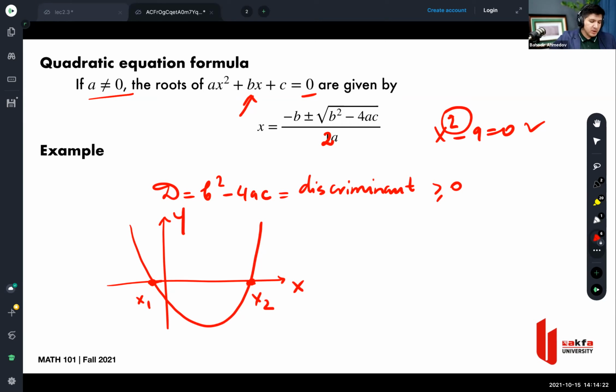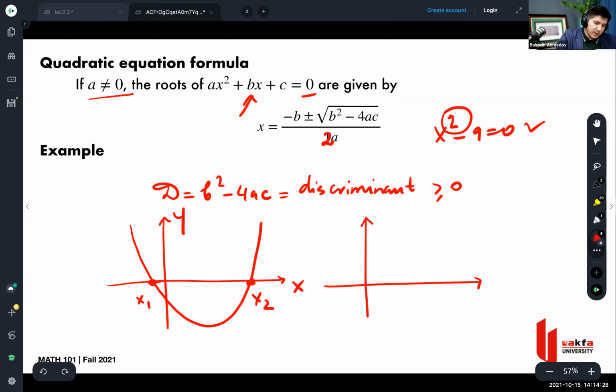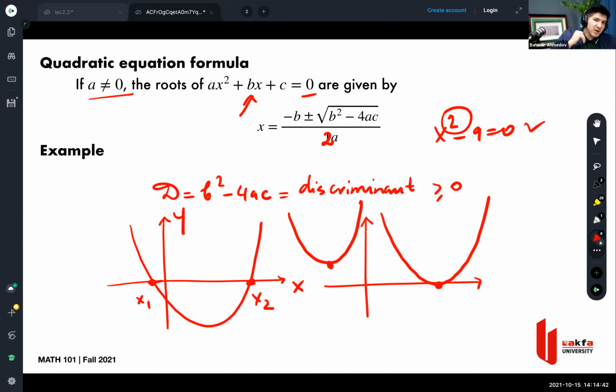Okay, so it is not the only way the parabola may look, right? It may look like this, for example, when it crosses the x-axis in just one point. At the same time, your parabola may look like this, where the vertex is even higher.